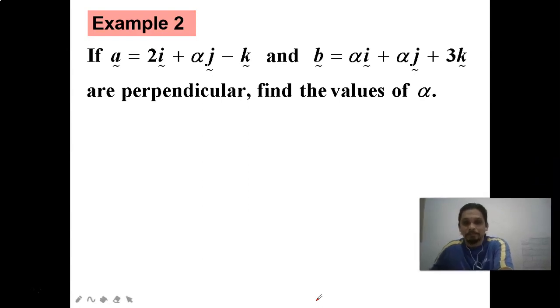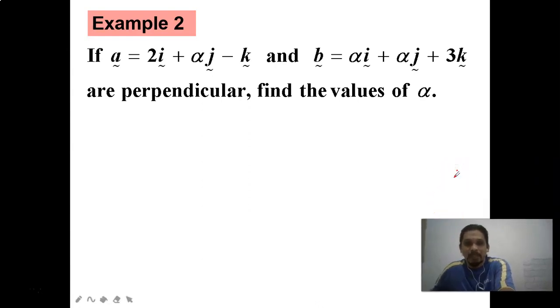Now, if vectors A and B are perpendicular, find the values of alpha.